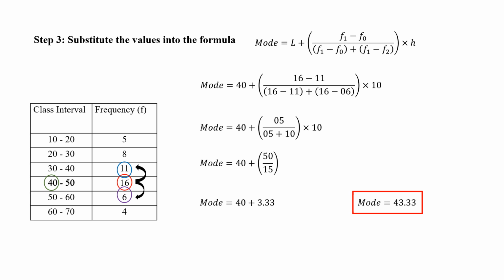So here, as a conclusion, the mode of this group of data is 43.33, which means that the most frequent value in the data set is approximately 43.3. The mode is not necessarily an exact number from the data set, but a value that represents the center of the class interval where the frequency peaks.